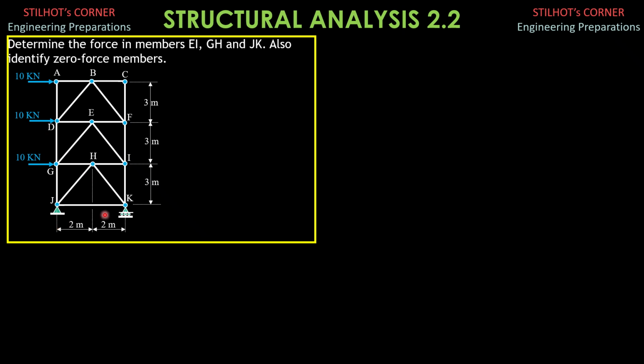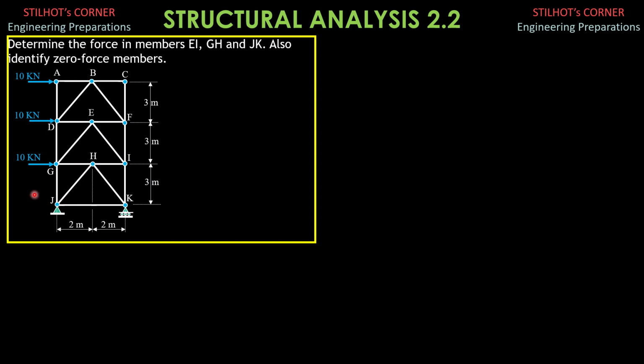Then the vertical component will be obtained by summing up moments about K. Then the final part would be to sum up forces vertical to solve for the force of HJ, then summation of forces horizontal to finally solve for JK. So that's the flow of the planned solution to this problem.